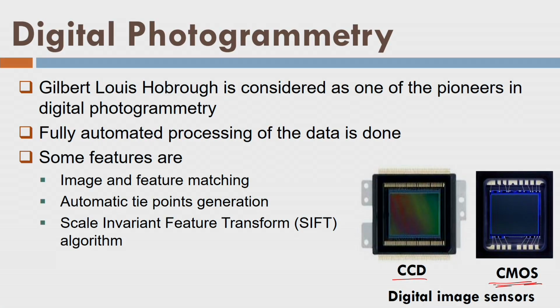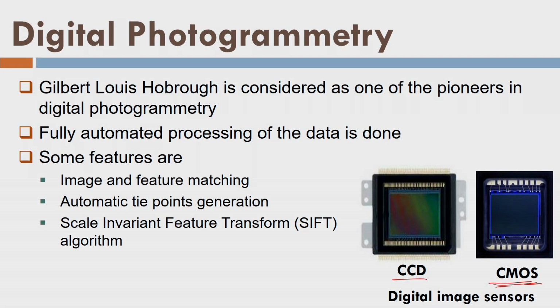Okay. In digital photogrammetry, there are some distinct advantages because of the use of the digital computer as well as the digital sensor, and these advantages have brought many new developments compared to analytical photogrammetry. First of all, we have fully automated processing of the data. It is possible now.